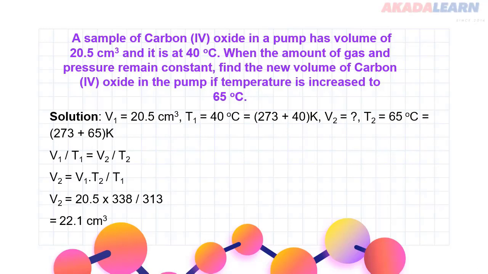Now, using our formula V1 over T1 equals V2 over T2 and making V2 subject of the formula, then inputting our figures and taking the evaluation, the second volume V2 will be 22.1 cm cubed.